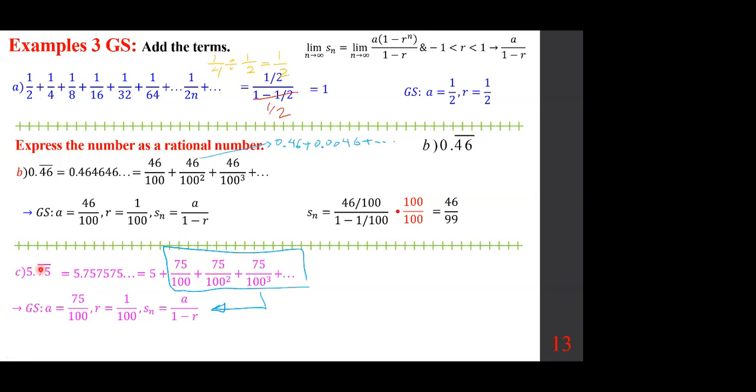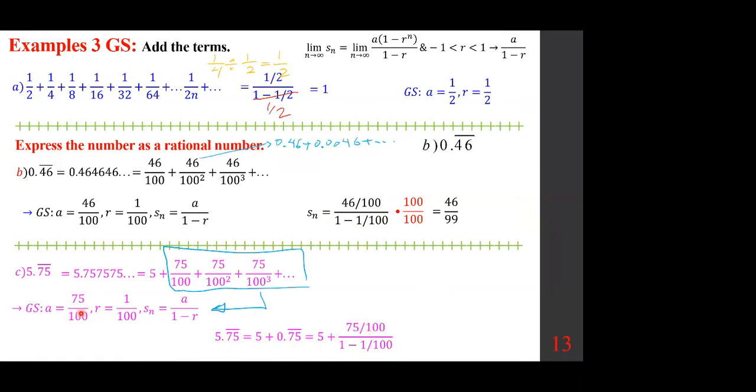So that part we are going to use just like this, using this A, which is 75 over 100 over 1 minus R, or 1 minus 1 over 100. So the 5 remains intact, and this one we change.